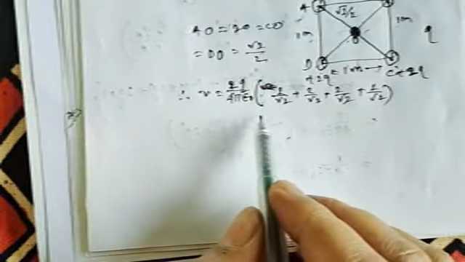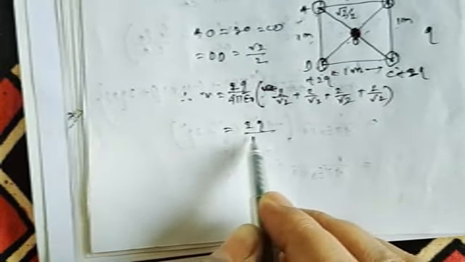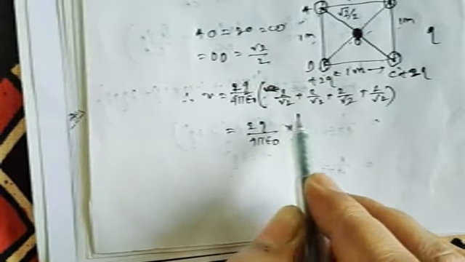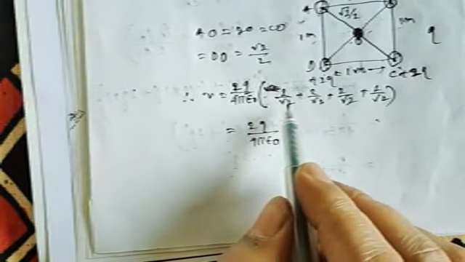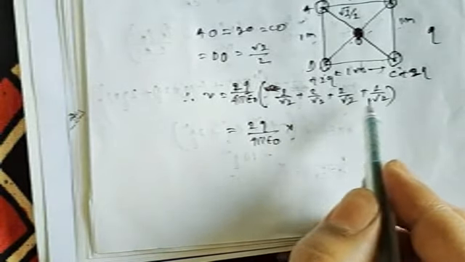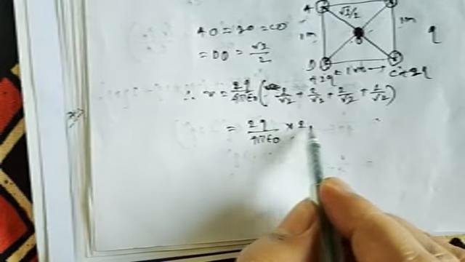Now this one I hope you can solve. 2q by 4 pi epsilon naught, you can take common 2 into 1 by root 2 plus 1 by root 2 plus 1 by root 2 plus 1 by root 2, and like this way you can solve it, means 2 into 4 by root 2.